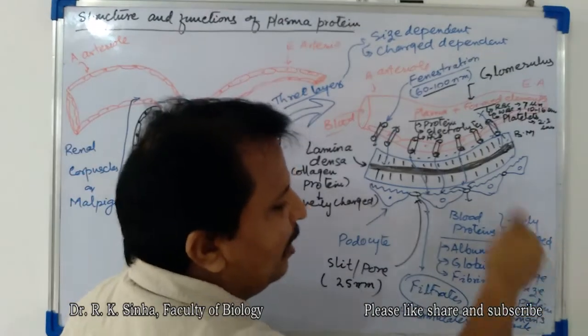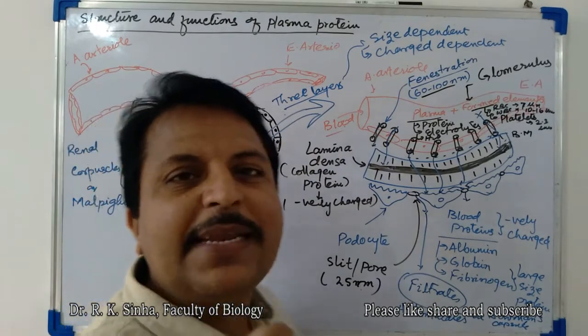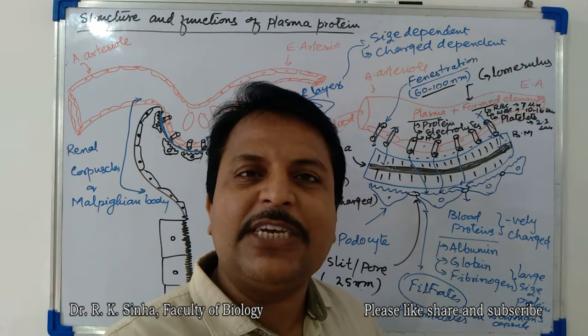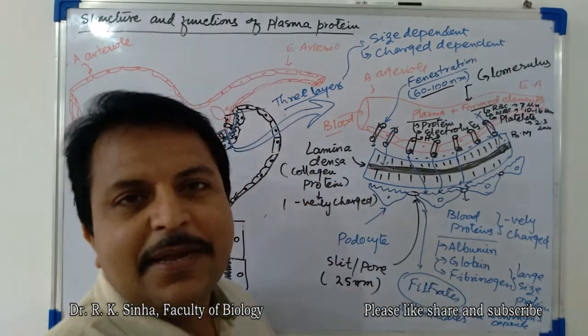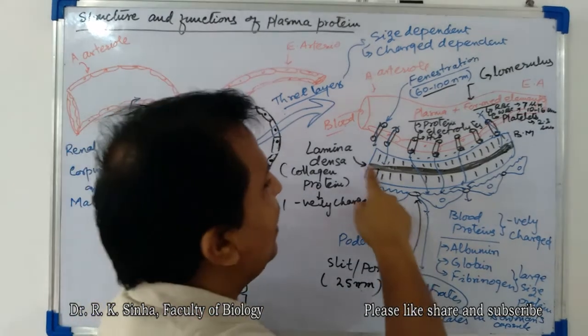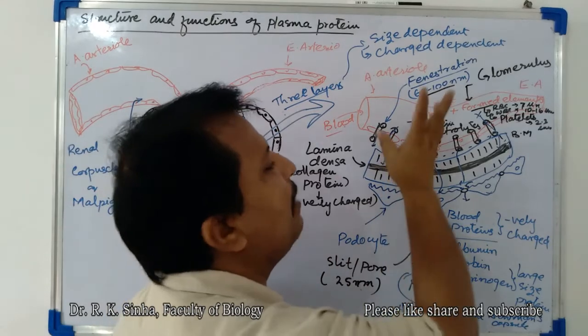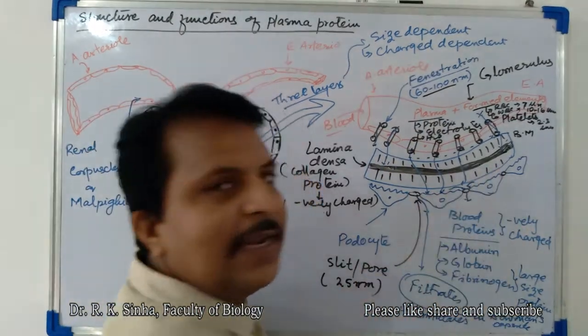Large size protein cannot pass, but the size of the albumin is smaller, but it is negatively charged in nature. That's why it cannot cross this fenestration. Even this lamina densa is also negatively charged, so it can be repelled. Here also negatively charged.